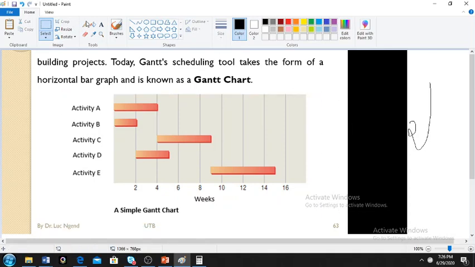Now, you see here we have 0. We have a scale of 2, so from 0 to 2 is 2. Scale of 2, 4, 6, 8, 10, and so on. This is in terms of weeks. And then here we have different activities.